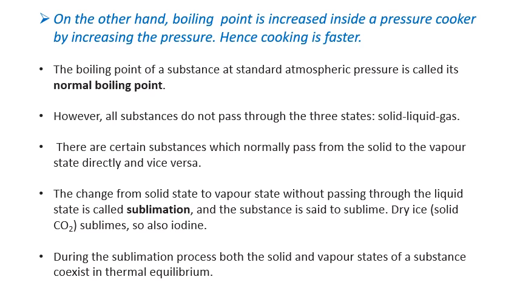The change from solid state to vapor state without passing through the liquid state is called sublimation, and the substance is said to sublime. Dry ice sublimes, so also iodine. And during the sublimation process, both the solid and vapor states of a substance coexist in thermal equilibrium.